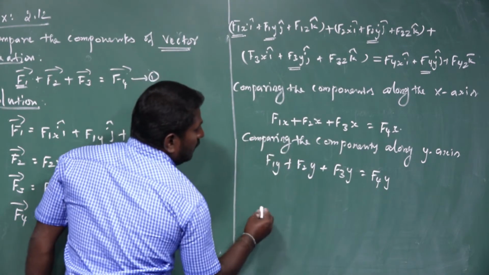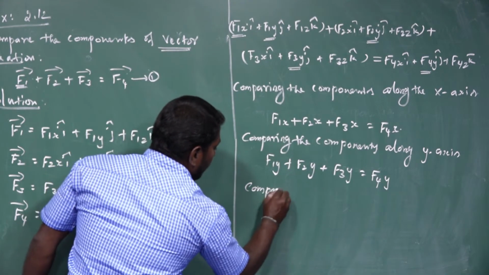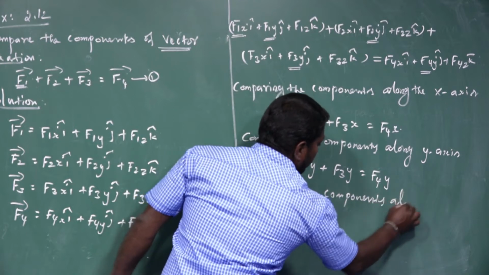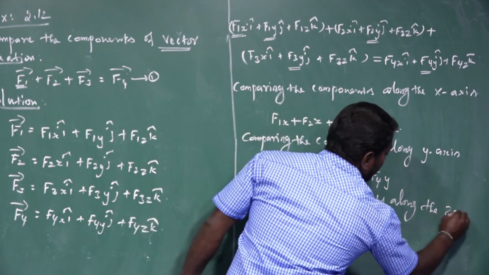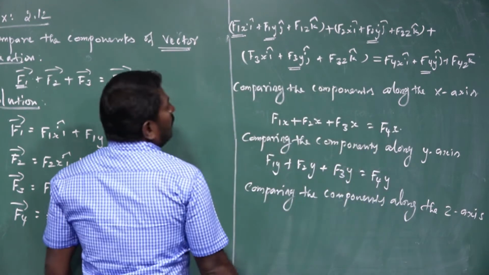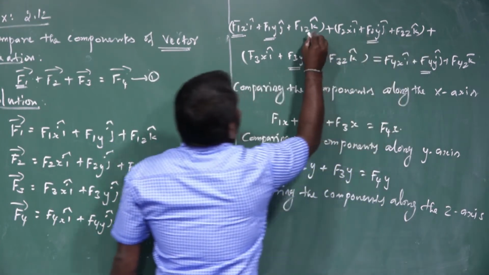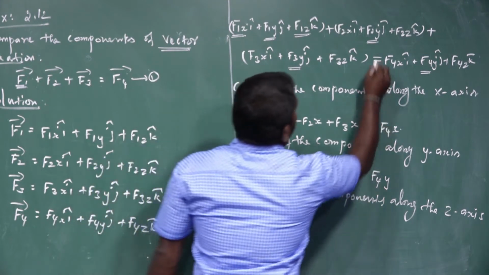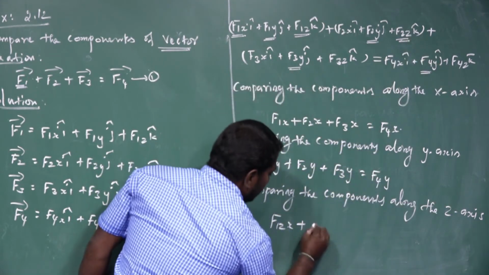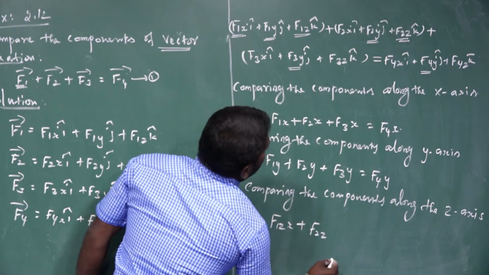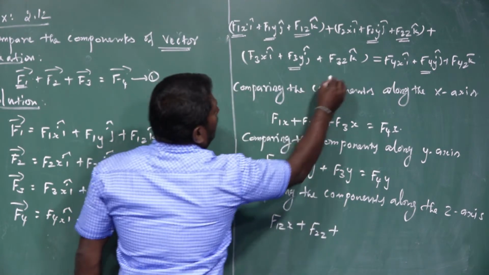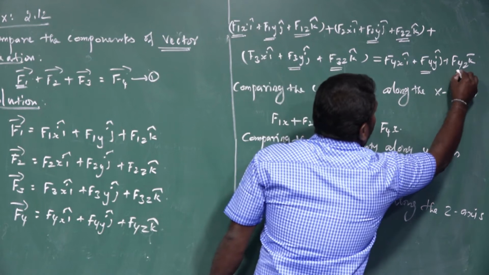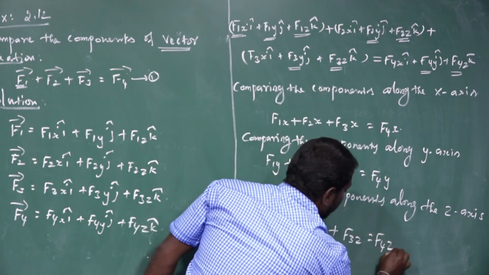Now comparing the components along the z-axis: the component of F1 vector along the z-axis, F1z, plus the component of F2 vector along the z-axis, F2z, plus the component of F3 vector along the z-axis, F3z, which is equal to the component of F4 vector along the z-axis, F4z.